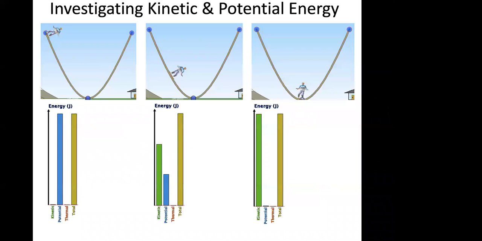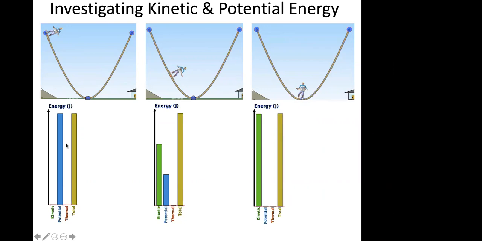Within the pre-class video, we looked at this relationship between kinetic energy and potential energy. We looked at that by seeing that skater who is going back and forth on a frictionless track, and we saw that there was a trade-off between the kinetic energy and the potential energy.